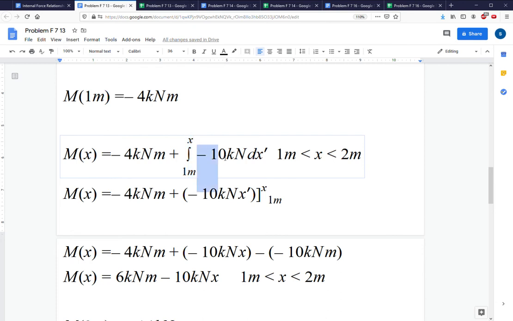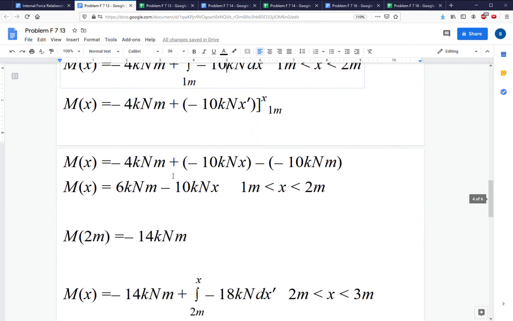And in this region, the shear function is -10 kilonewtons. So that's -4 kilonewton meters plus the integral from 1 meter to x of -10 kilonewtons dx. The indefinite integral is -10 kilonewtons x, evaluated from 1 meter to x.